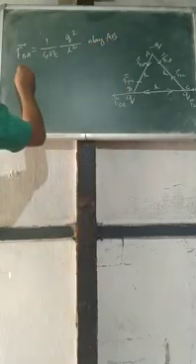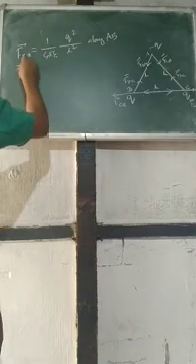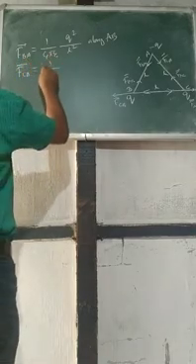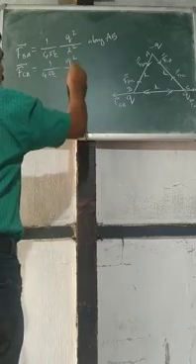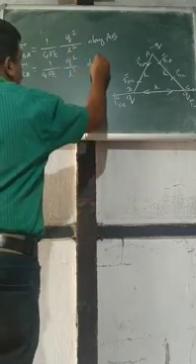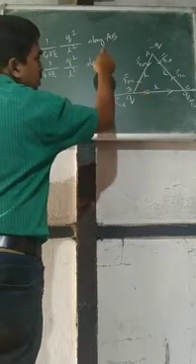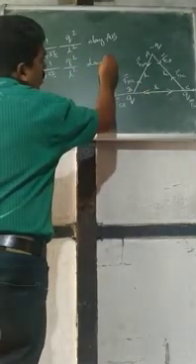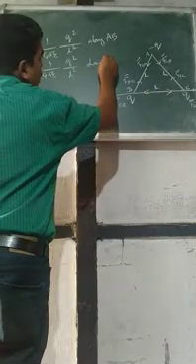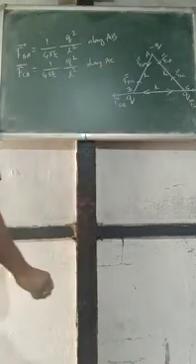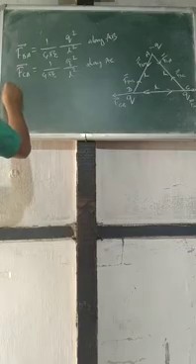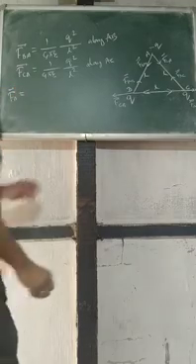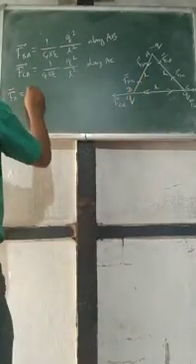F_CA equal to 1 by 4 pi epsilon naught q square by L square along CA, means same, along AC. So force on A is given by the vector sum of F_BA and F_CA.